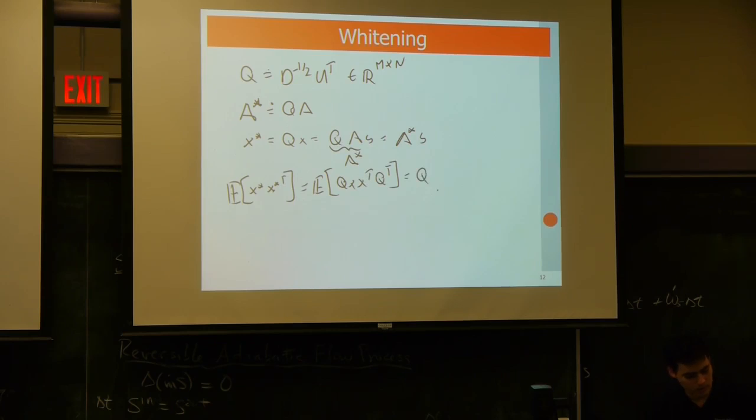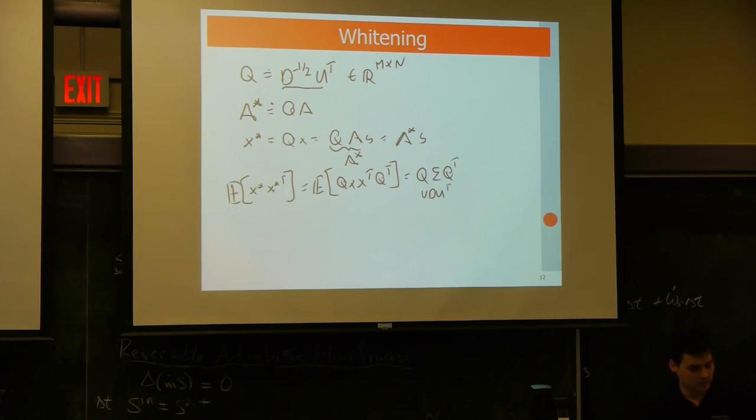This is Q. This is sigma, you remember, the expected value of X X transpose. And Q was defined by this, and sigma is U D U transpose.